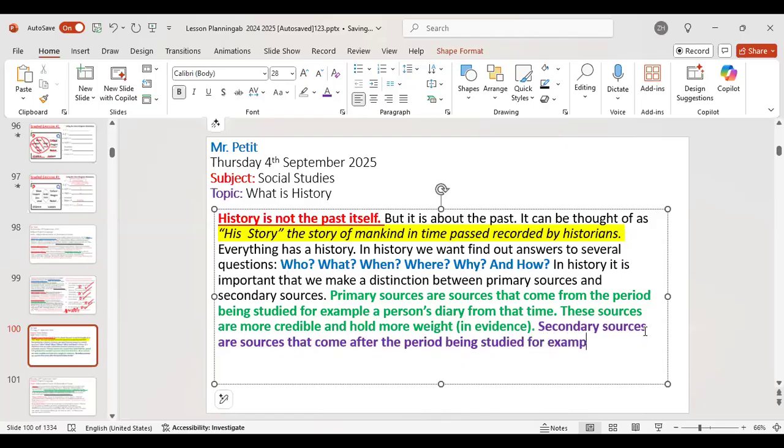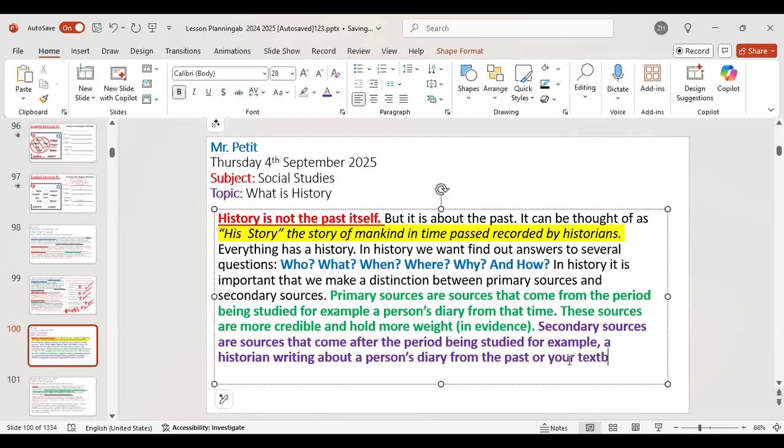For example, a historian writing about a person's diary from the past, right? From the past, or your textbooks.